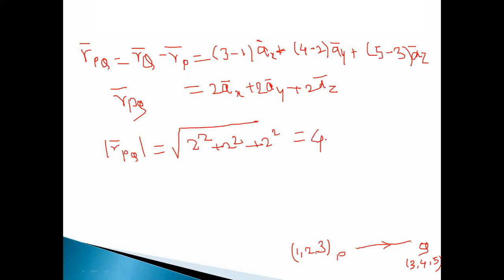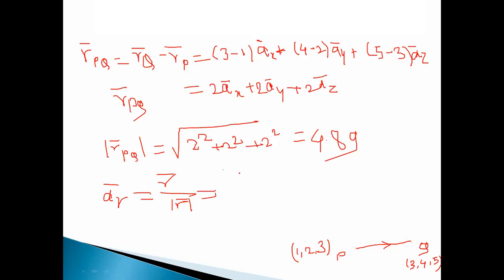Then find the unit vector a bar R, which is equal to R bar divided by mod of R bar.